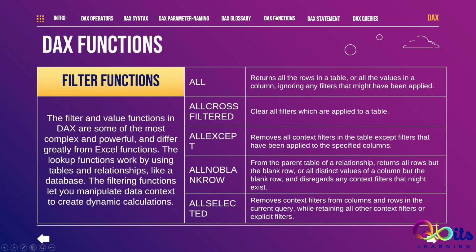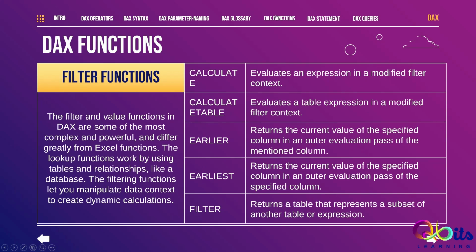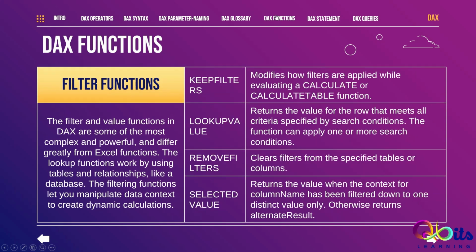The filter and value functions in DAX are some of the most complex and powerful and differ greatly from Excel functions. The lookup functions work by using tables and relationships like a database. Some of them are all except, calculate, earlier, earliest, filter, keep filters, lookup value, remove filters, etc.